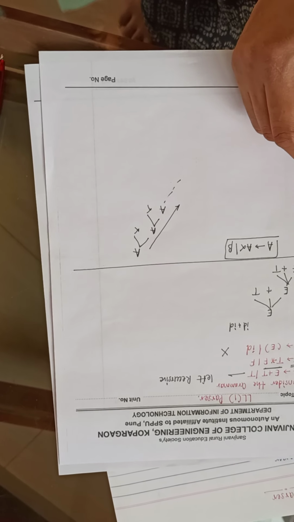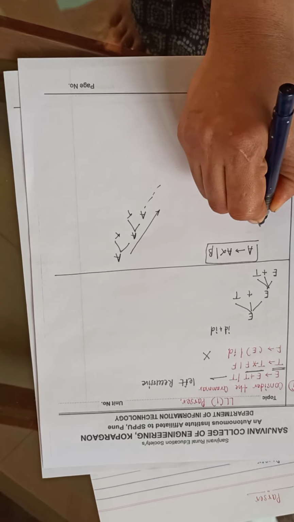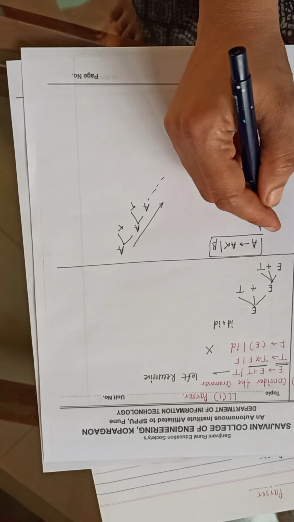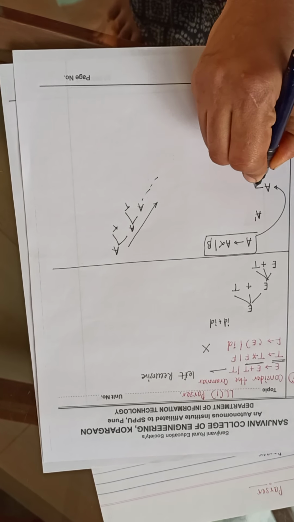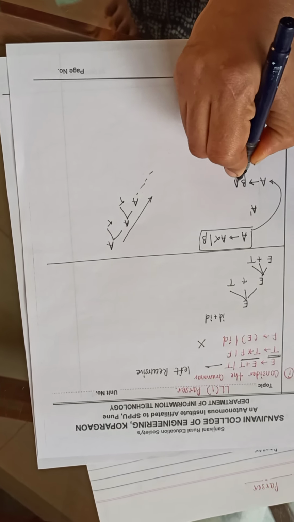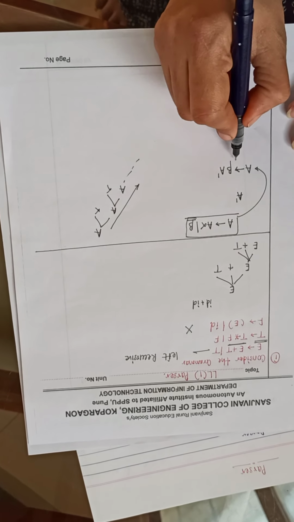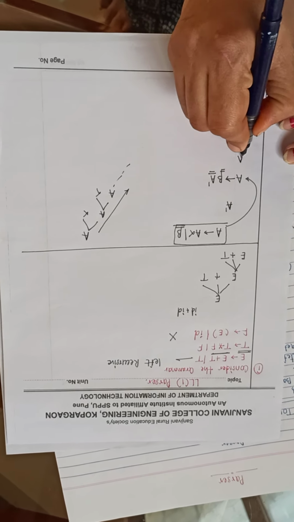The rule for eliminating the left recursion is very simple. We have to introduce a new A dash as one more factor. The left recursion can be written as A gives beta A dash. The part which is not recursively called is written first, and we introduce the new part A dash. Now what is A dash?